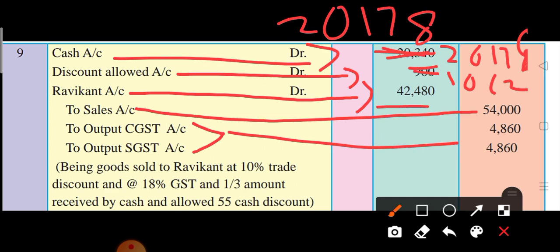CGST 4,860 and 4,860 is SGST. Okay, so cash account debit, discount account debit, Ravikant's account debit, to sales account, to output CGST and to output SGST.